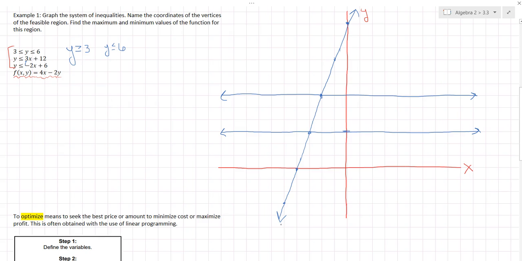Okay, and then our last one is y is less than or equal to negative 2x plus 6. So start at 6, and then it's negative 2x, so down to the right 1, or up 2 and left 1.